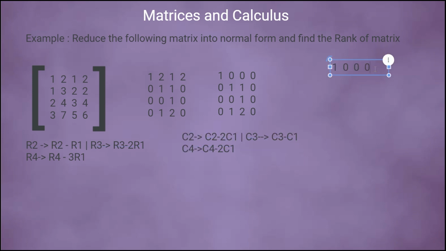The second row will be as it is. 0, 1, 1, 0. The third row will be as it is. 0, 0, 1, 0. And the fourth row, what is the operation? R4 implies R4 minus R2.